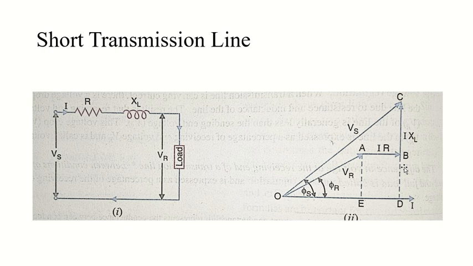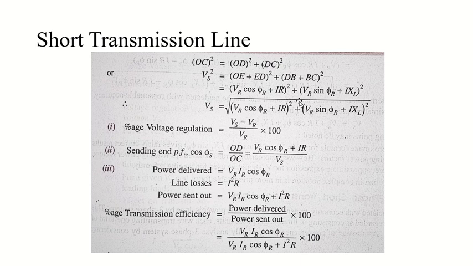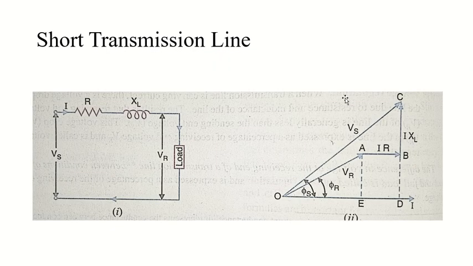So what will be the value of DB? It will be nothing but VR sin phi. And the value of BC is already known to us. It is I into XL. So we will just mention it. So what did we do? We wrote VR sin phi R plus I into XL, right? Simple.